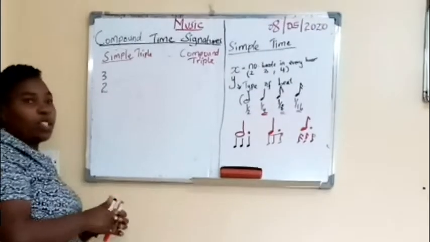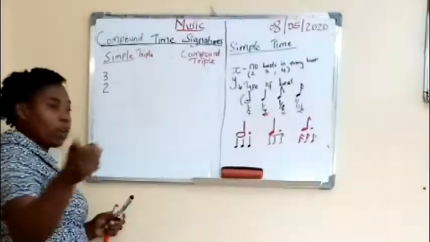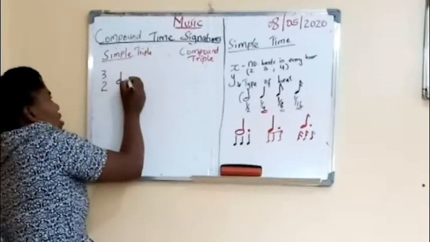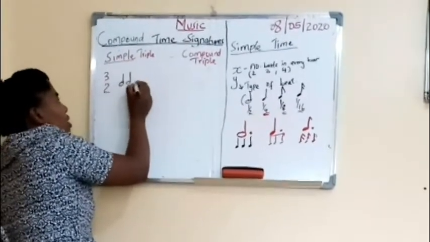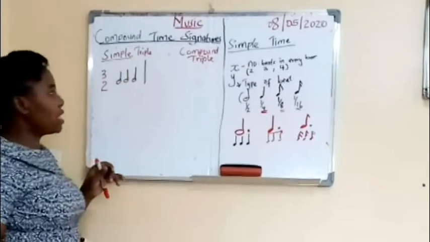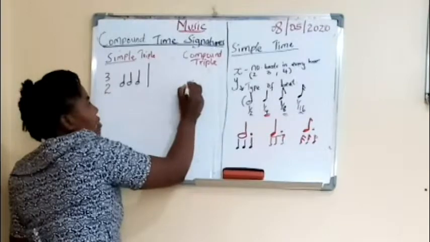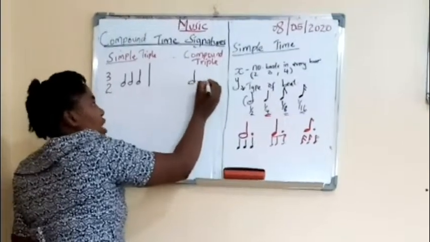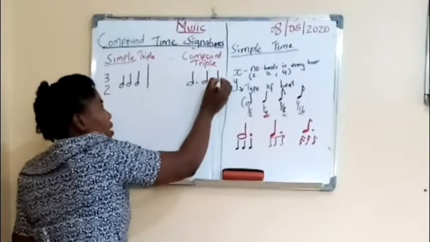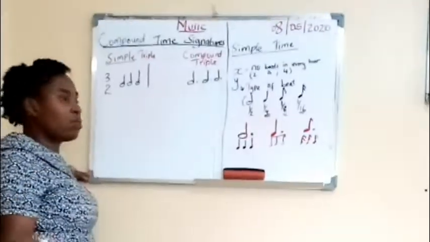Before you write the time signature, I want you to do this for me. You just feel that here we shall be having 3 minims, and here we shall be having 3 dotted minims in every bar. Because it's triple, triple means 3.